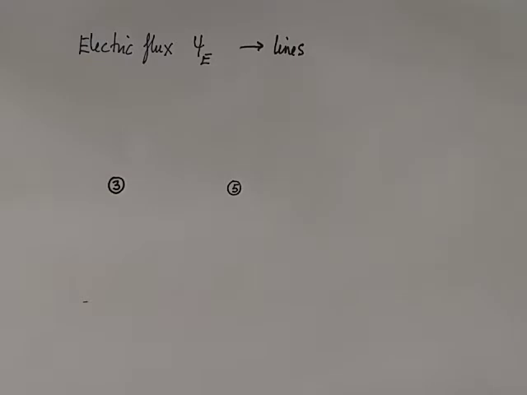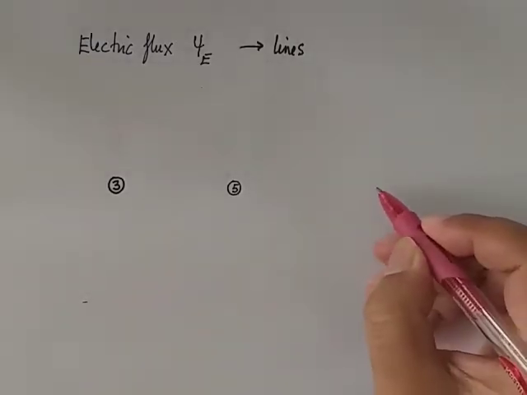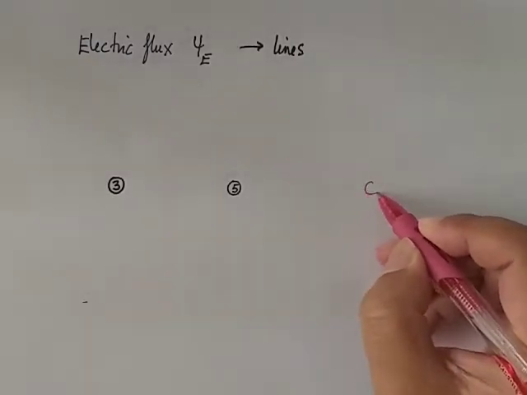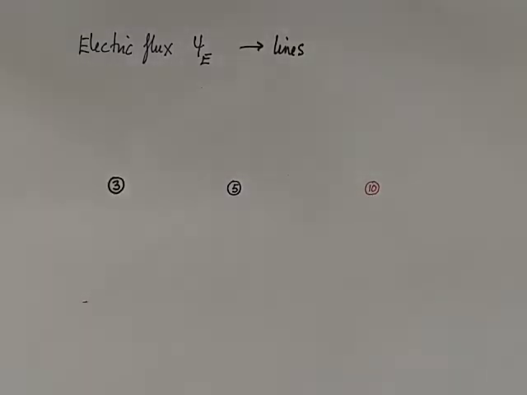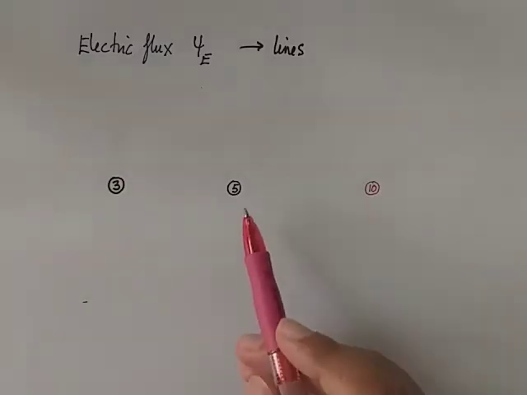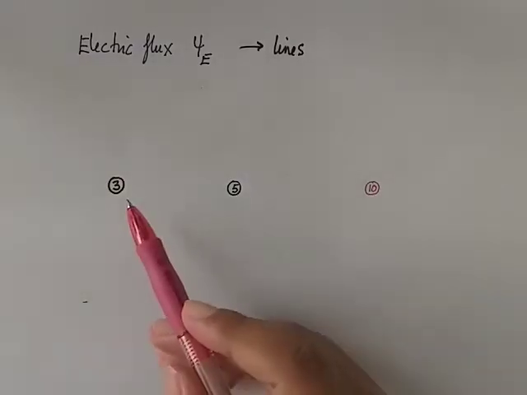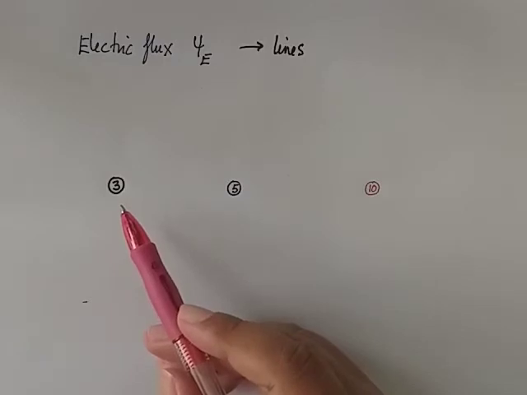And the third point charge, let's say 10 coulombs. So 10 coulombs for the red point charge, 5 coulombs for the blue point charge, and 3 coulombs for the black point charge.